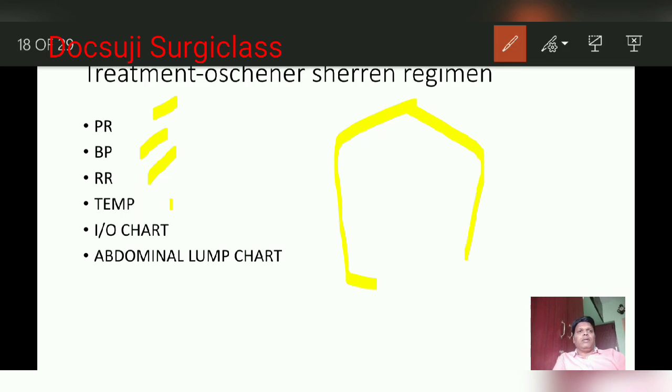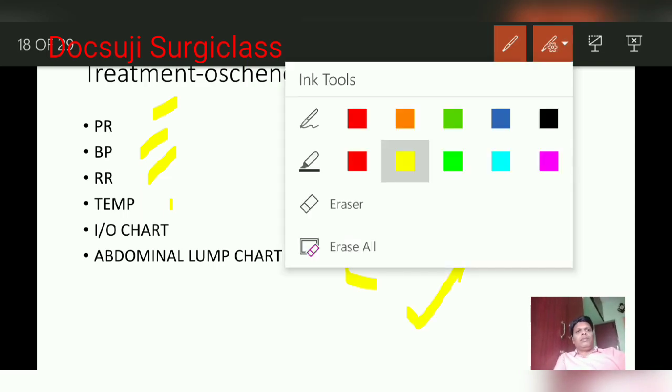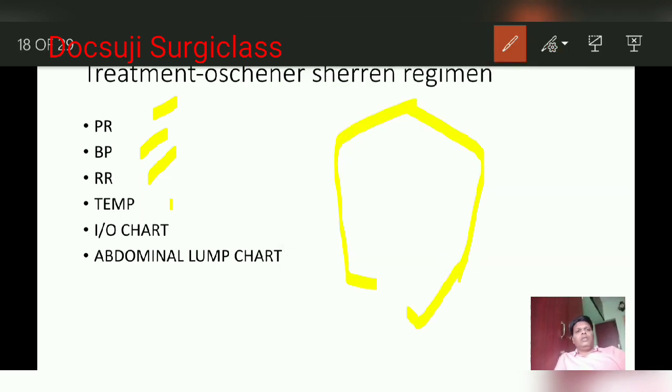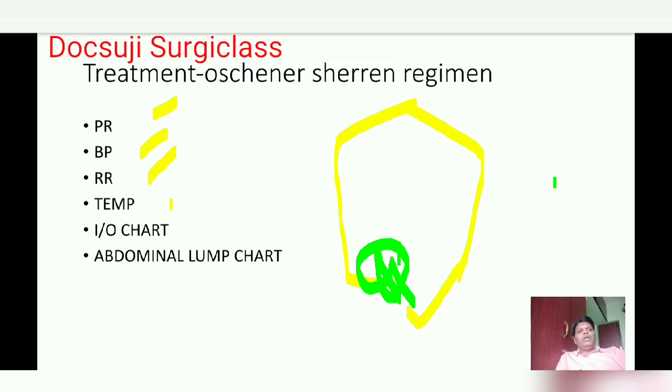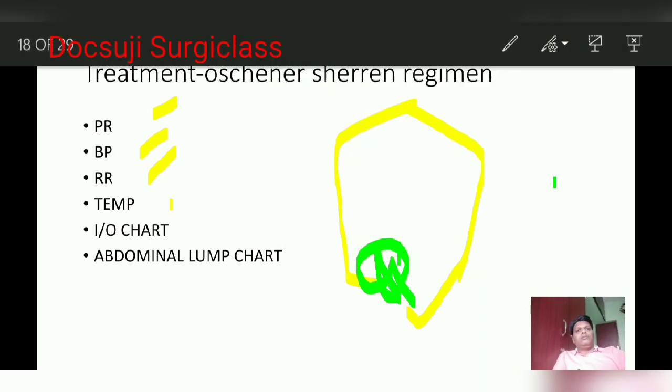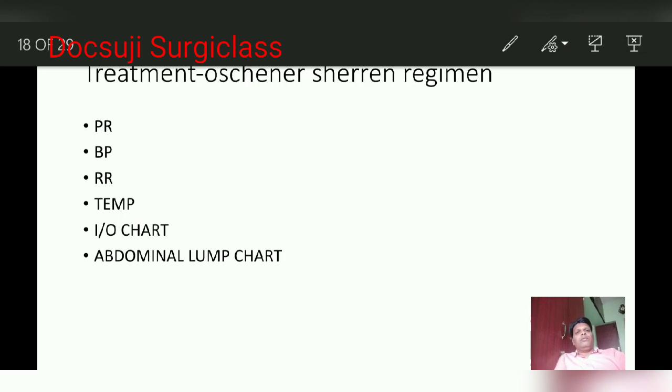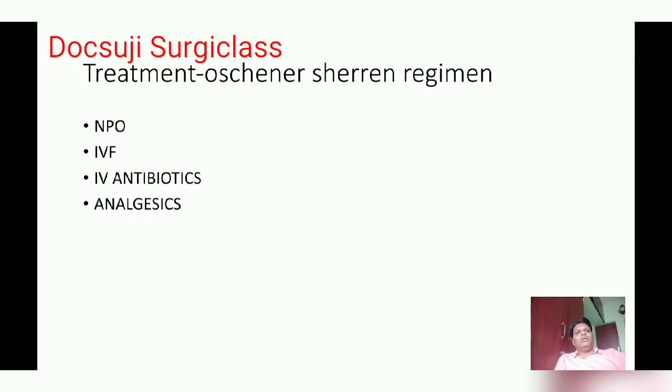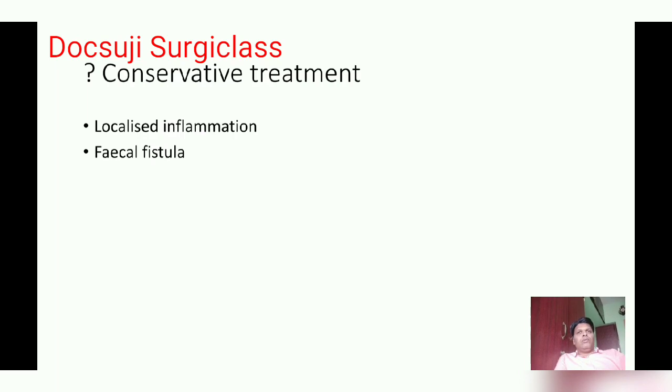What is the size of the lump on admission? What is the present size? Is it increasing? Anything increasing, you have to keep on measuring. Every 4 hours you have to check the size of the lump. So you have to make an abdominal lump chart. This is all part of conservative management. Then comes the question, why do you have to give conservative treatment in case of appendicular mass?